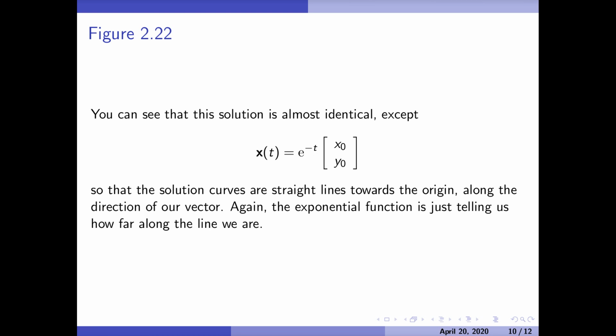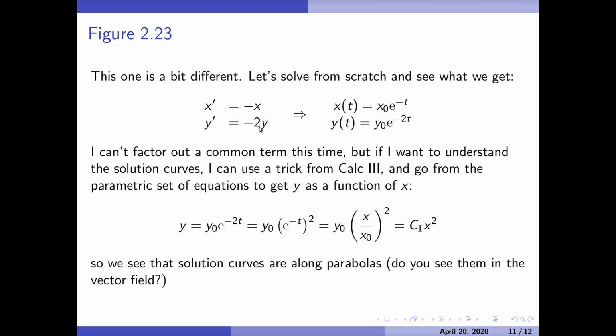And finally, the last one's a little bit more complicated, but we can still solve it because it's uncoupled. X is the same, y is slightly different, but you can do a little bit of a trick if you'd like. You can get rid of the time parameter in a parametric system. Remember doing that from Calc 3? So in this case, I can rewrite e to the minus 2t as e to the minus t squared.